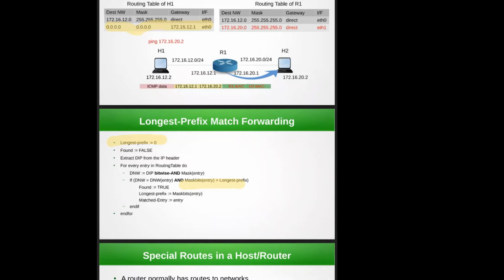But should you use the first entry in the routing table of H1 or the second entry when you are sending a packet to a machine within its own LAN? It should be the first entry.